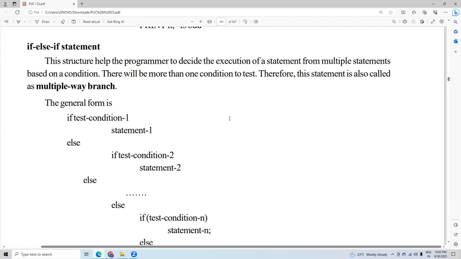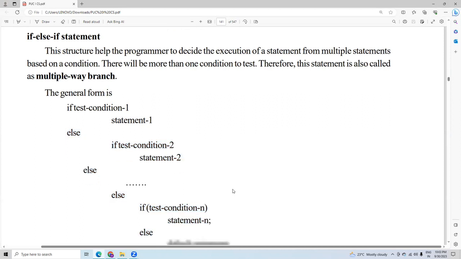When you want to handle multiple conditions, you can go with multiway branch or if else if statement. This is very important. So the general form is, if test condition 1 is true, statement 1 will work and everything else will be skipped. If it is not true, then it will continue.